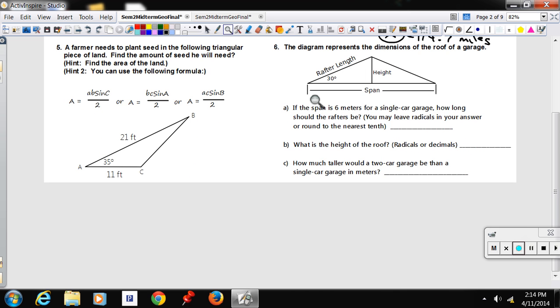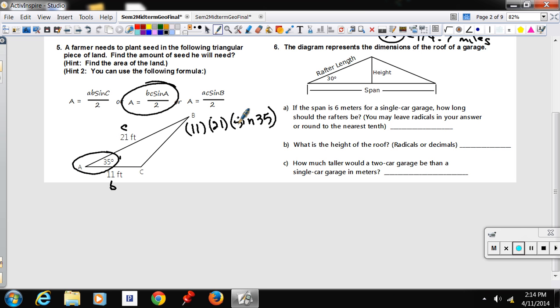This one was a nice one simply because I gave you little b, and I gave you little c, and I gave you angle A. So that would match up to this middle formula right there. Little b was 11, little c was 21, and then we do the sine of 35, and then you divide it by 2.